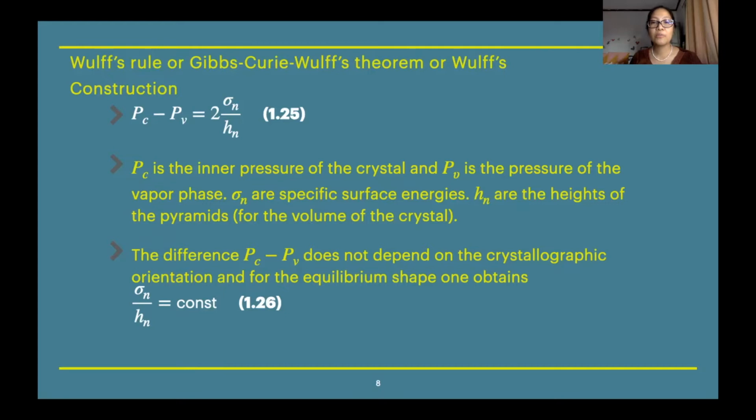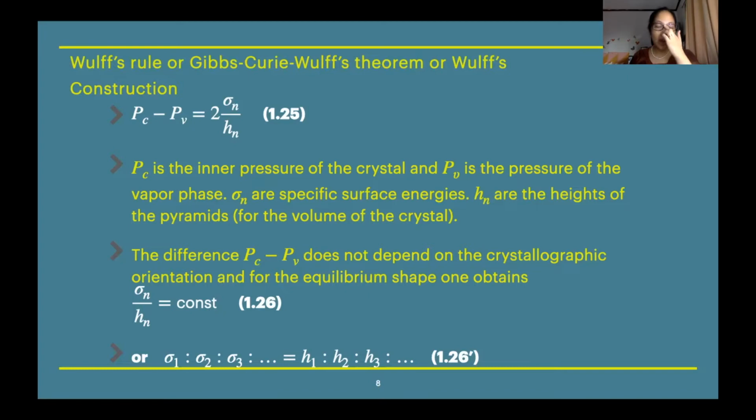And for the equilibrium shape, one obtains that the ratio of the specific surface energy to the height h is equal to a constant. That's equation 1.26. Sigma sub n divided by h sub n equals constant.